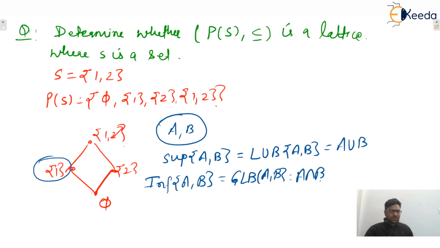Here let us consider these two elements. The least upper bound will be {1, 2}, that is the union of {1} and {2}. And the greatest lower bound is phi, the intersection of {1} and {2}.